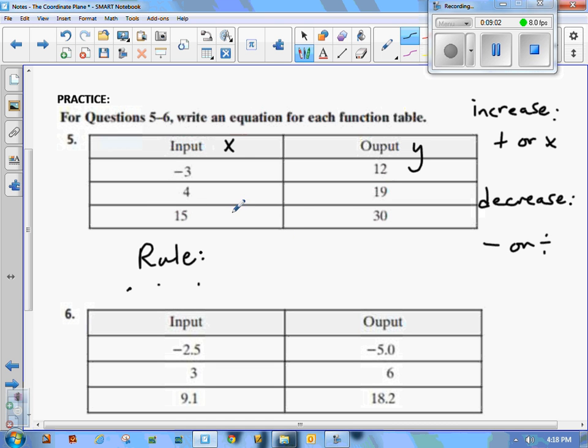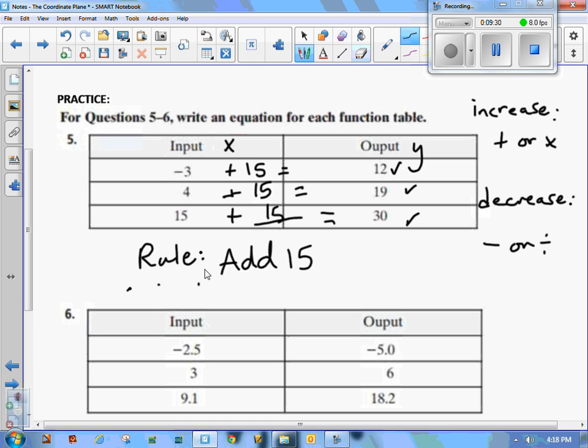What plus 15 gives me 30? Well, if I add 15 to 15, I get 30. Can I add 15 to 4, and does that give me 19? Yes. If I add 15 to -3, does it give me +12? Yes. So my rule here is add 15.